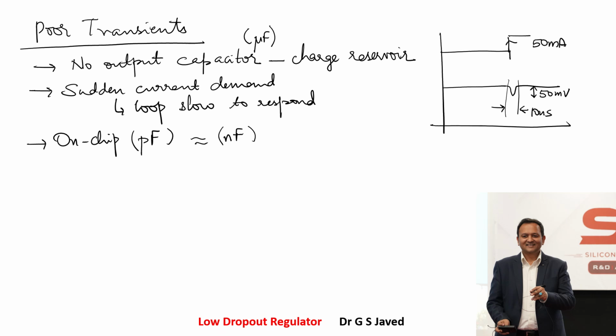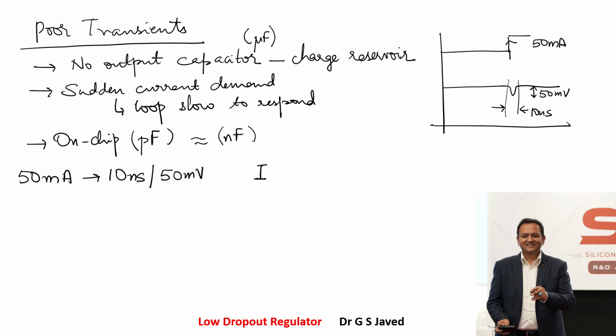Now let us quickly add this value. So 50 milliampere in 10 nanosecond, while ensuring the voltage does not drop below 50 millivolt, and you can recover from your ideal regulated value. So if you look at it, we have all the details here.